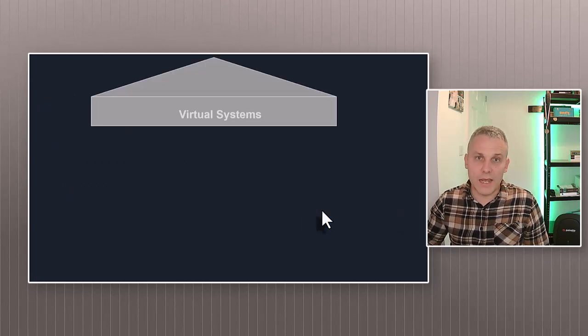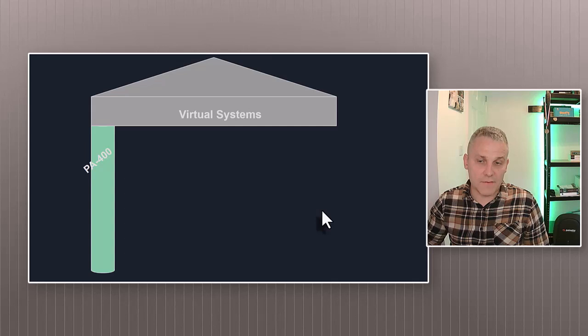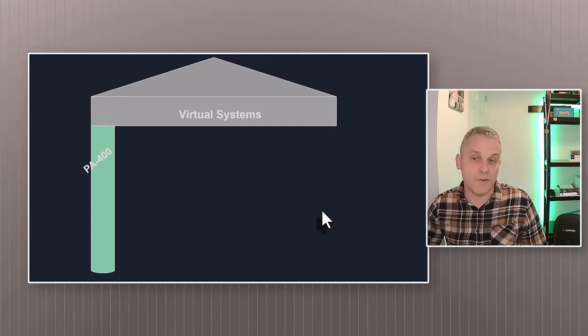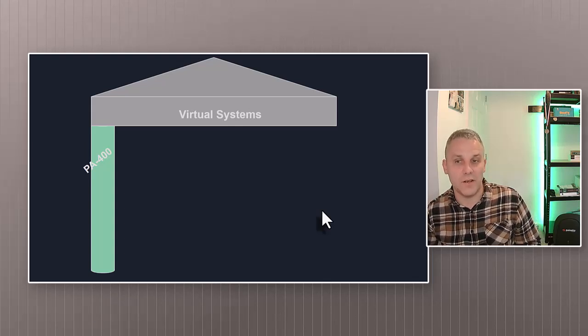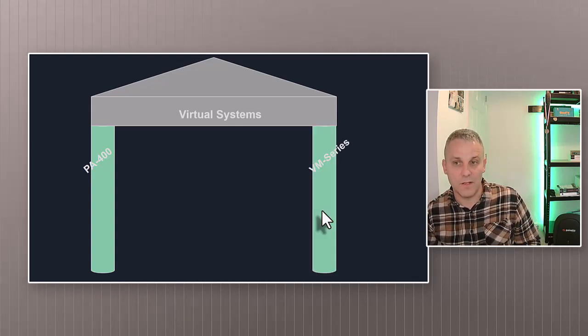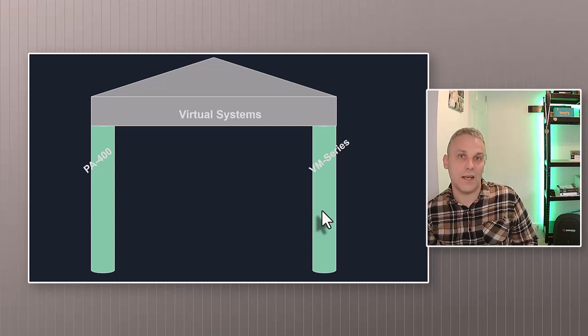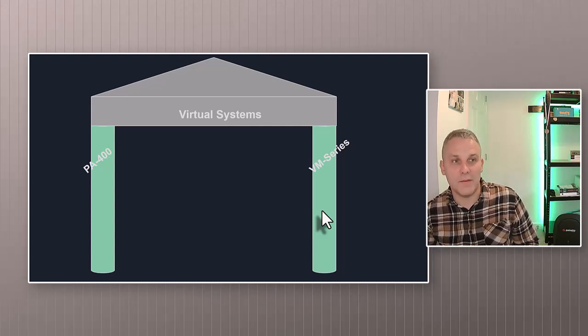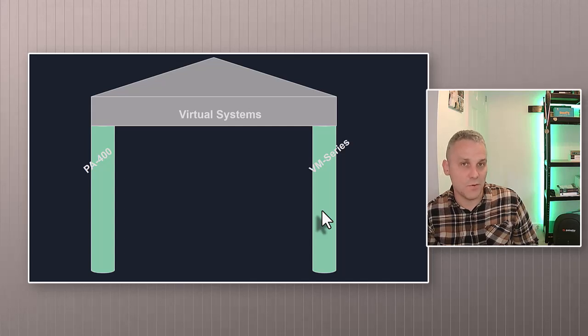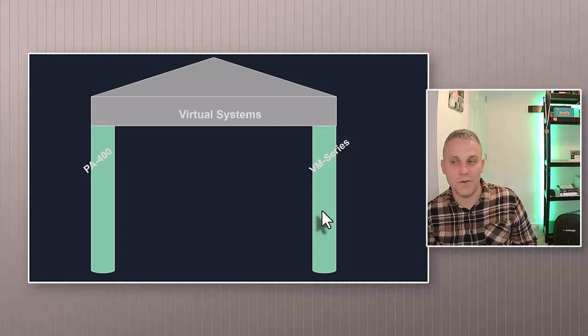Now, what platforms support virtual systems? There is support for the PA-400 series for virtual systems. Certain devices, not all the devices on the PA-400 series support them. VM-Series is also supporting virtual systems now, on a 4 vCPU or higher basis.